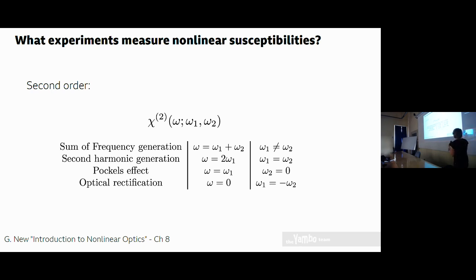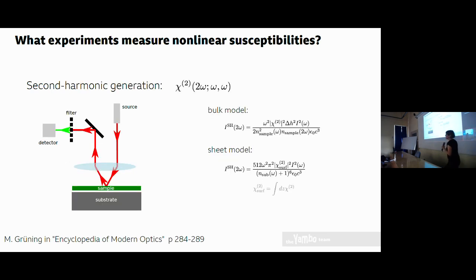If one of the fields is a constant field, you have the Pockels effect. Or you can look at the case in which a constant field comes out from the process, which happens when omega 1 is equal to minus omega 2.